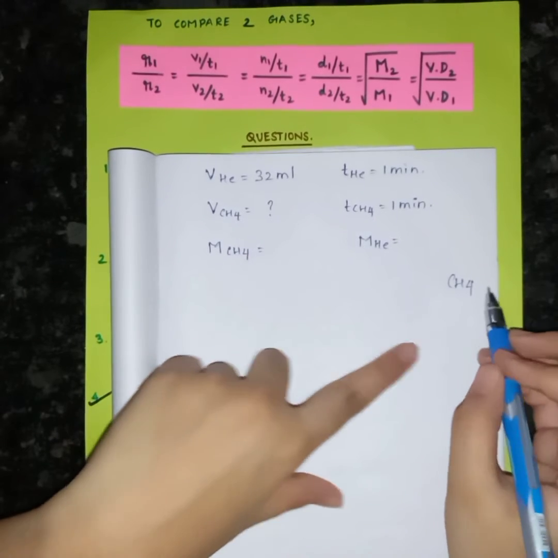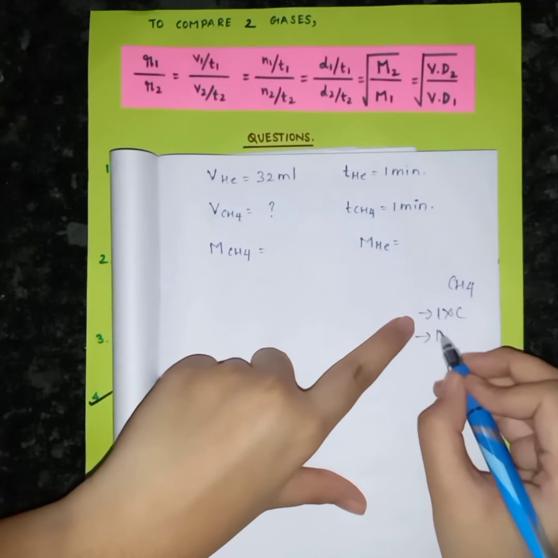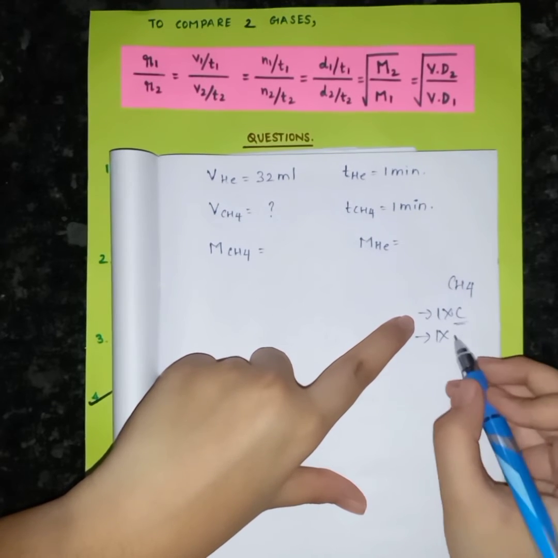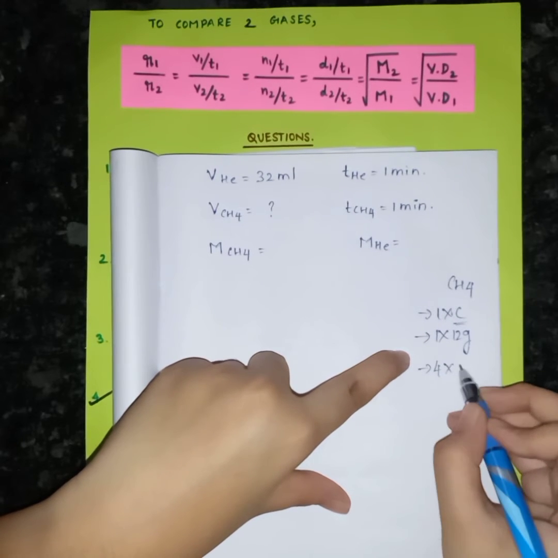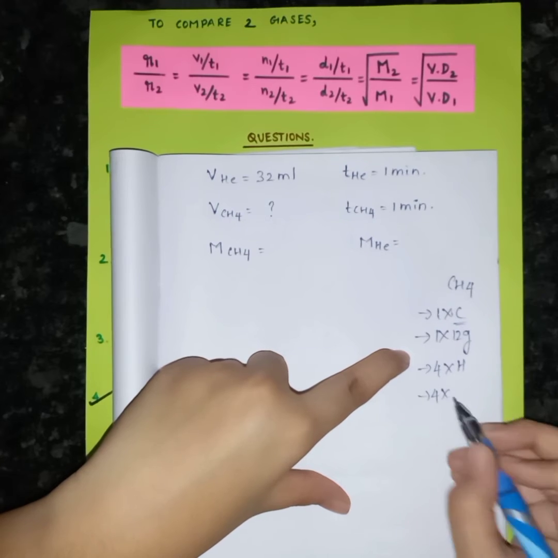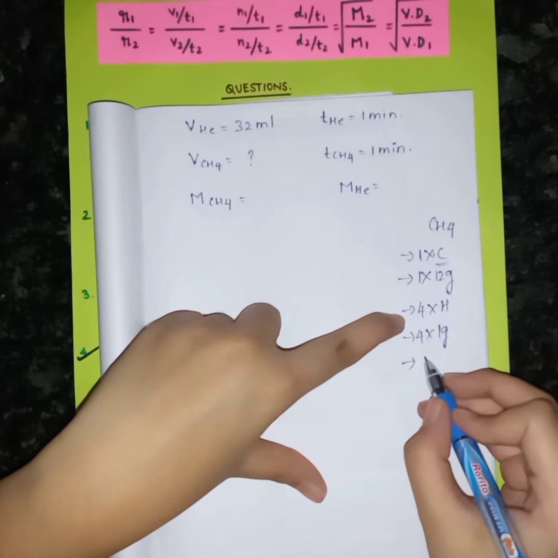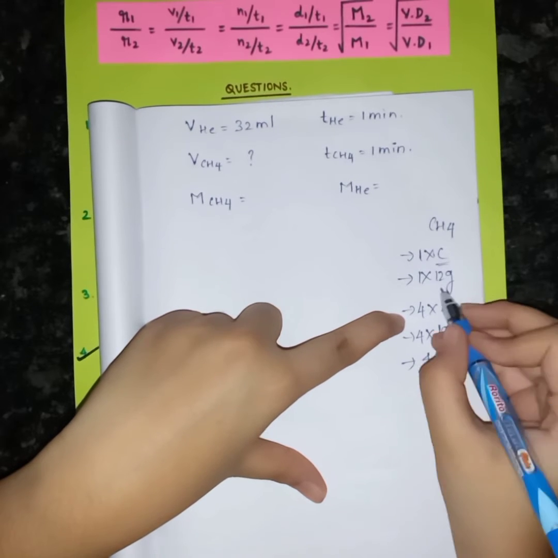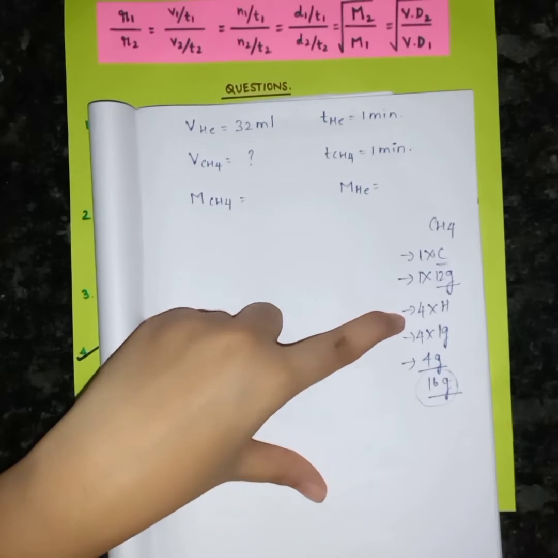Methane, CH4, it has 1 carbon atom, and the atomic mass of 1 carbon atom is 12 grams. And it has 4 hydrogen atoms, and the atomic mass of 1 hydrogen atom is 1 gram. Therefore, for 4 hydrogen atoms, 4 gram. 4 plus 12, it gives 16 gram. This is the molecular weight of methane.